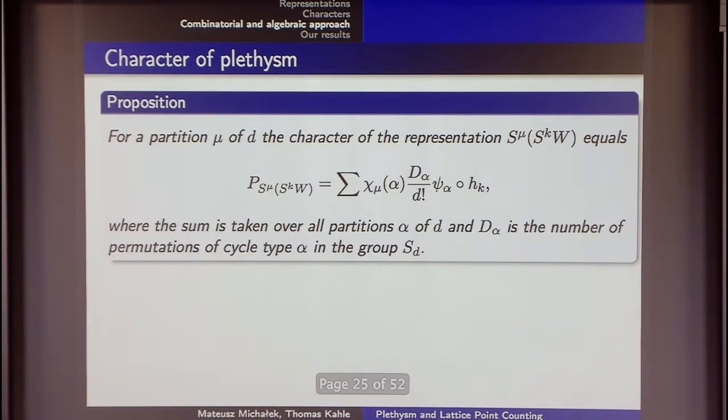The sum is over all alphas that divide D, and D alpha is the number of permutations of cycle type alpha. If you have any permutation, you can decompose it into cycles, and you can ask how many permutations have the same decomposition into cycles. So this is D alpha, and the proof is very easy.